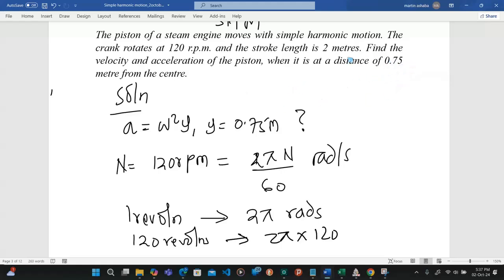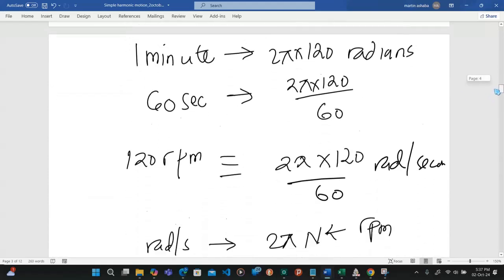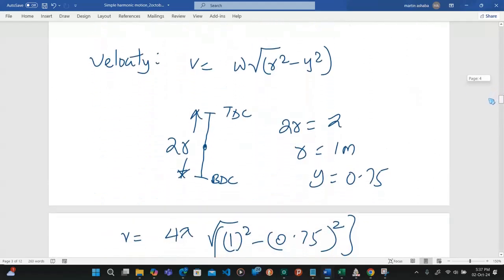What you have to understand from this is how to substitute in the equations for velocity and acceleration. For velocity, you must get r, and y you have, but how to get omega?